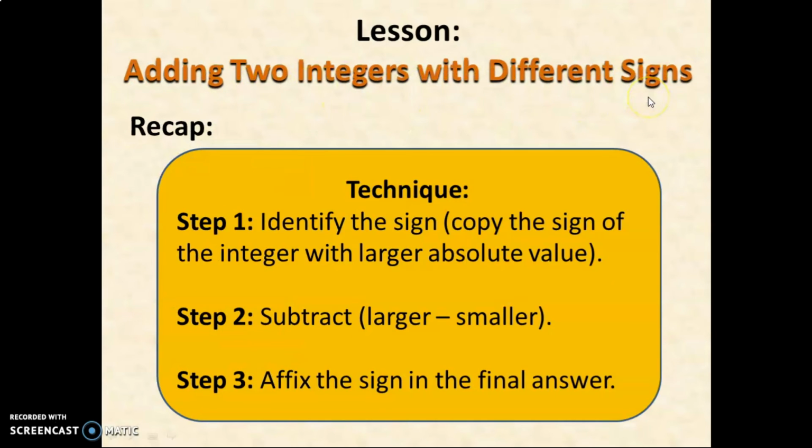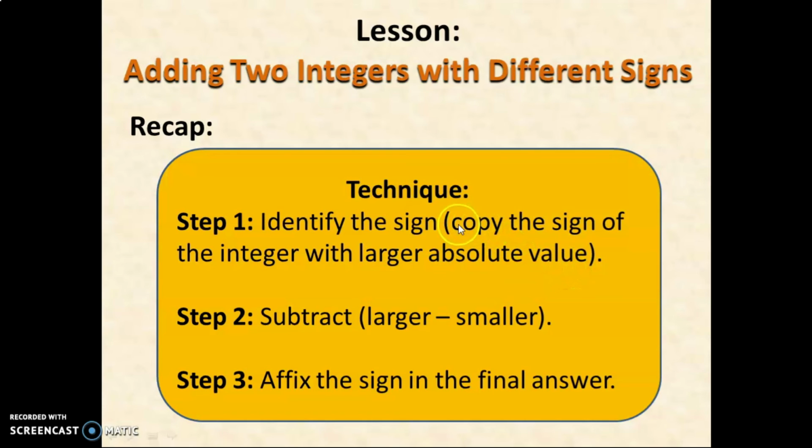Let's have now a recap of our lesson. So we have here the 3-step technique in adding two integers with different signs. Step 1, identify the sign. When you identify the sign, just look at the integer with larger absolute value. Tingnan mo lang kung alin ang mas mataas, disregarding the negative signs.